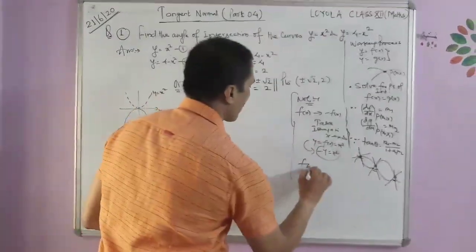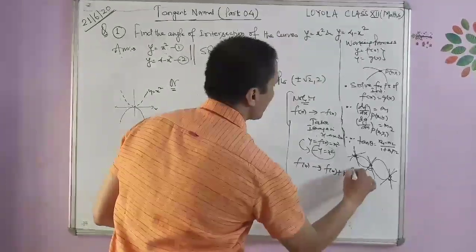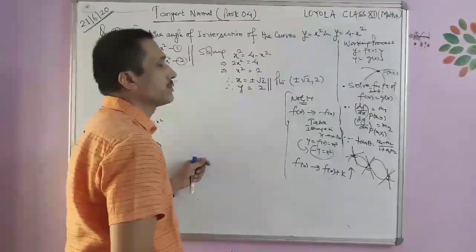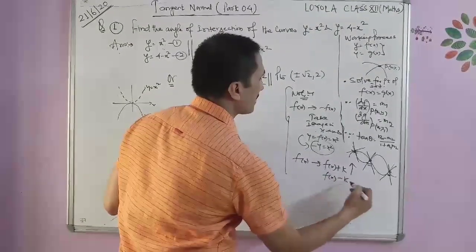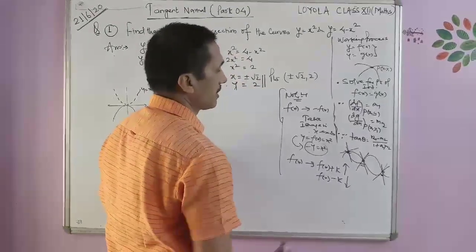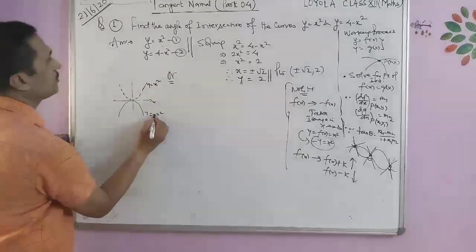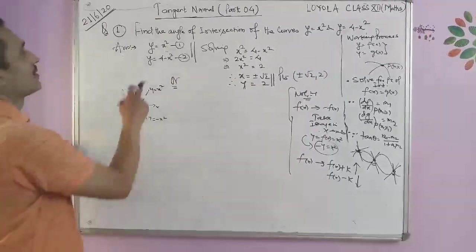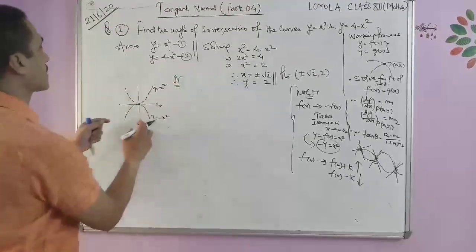Next, f(x) to f(x) plus k shifts k units vertically upward, and f(x) minus k shifts k units vertically downward. So here y equals minus x square, we have to get y equals minus x square plus 4.